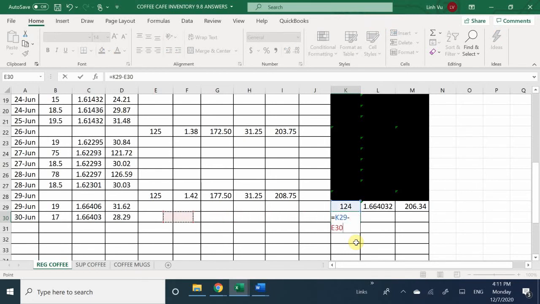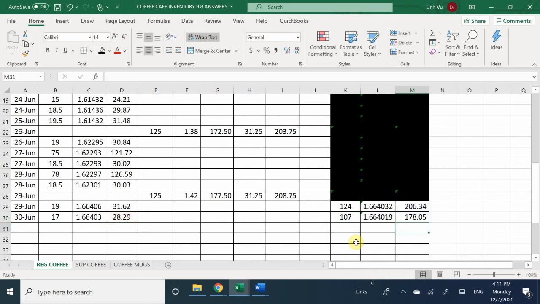All right. Then we're going to take the 124 and minus the 17 pounds, which leaves me with 107 pounds. And I'm going to take the 206.34 and subtract the 28.29, which leaves me with 178.05.